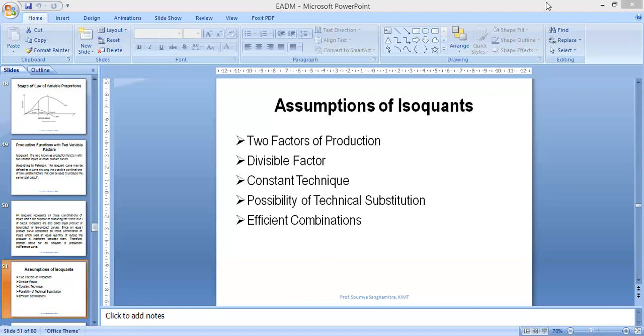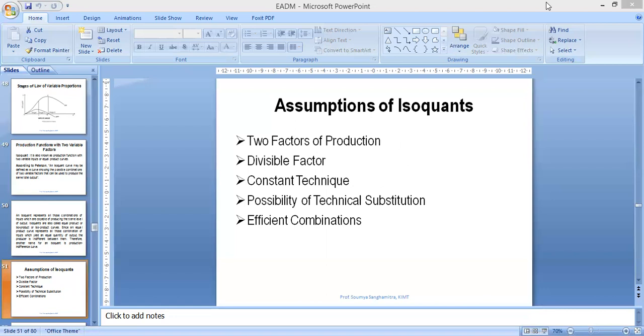Then divisible factors. Factors of production can be divided into small parts, small units, and can be used in various proportions. The next is constant technique. Technique of production is constant or is known beforehand. Technical conditions of production are given and it is not possible to change them at any point of time.